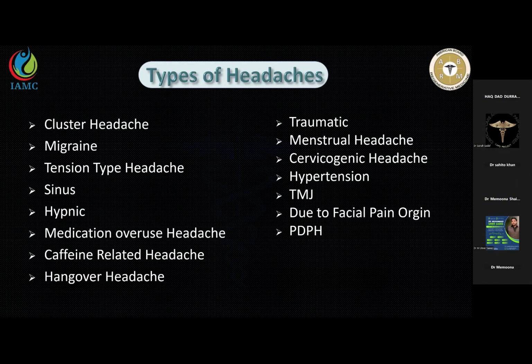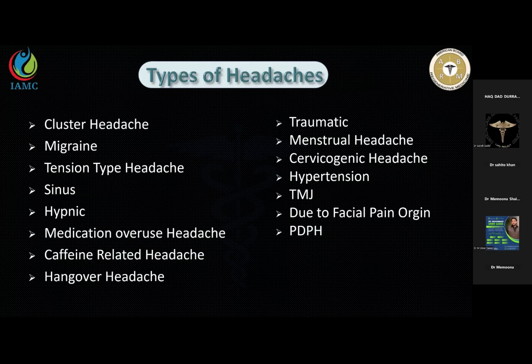There are cluster headaches, migraine, tension type headache, sinusitis, hypnic, medication overuse headache, caffeine related headache, hangover headache, traumatic headache, menstrual headache, cervicogenic headache, hypertension, TMJ dysfunction causing facial pain, or PDPH, postdural puncture headache. All of them have some distinguishing features by which you can judge what kind of headache this is.